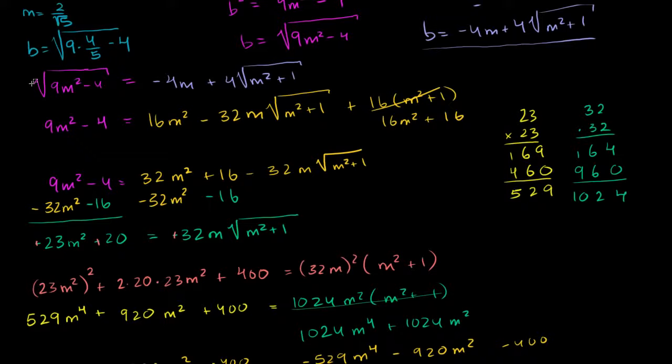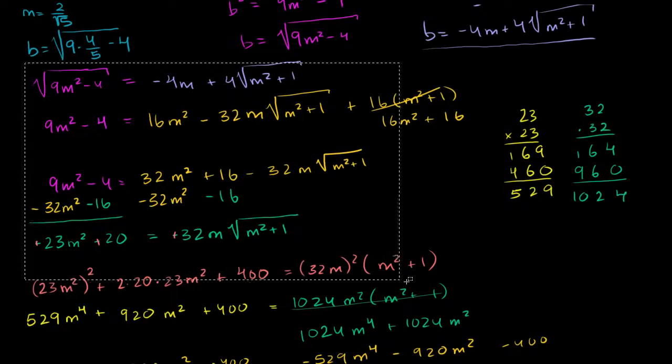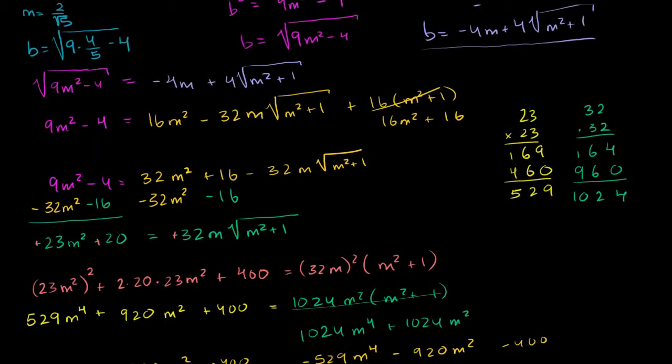And let me just leave all of this business there. Maybe it'll be useful in some way if I made a careless mistake. Hopefully I haven't. So this is going to be equal to 9 times 4 is 36. So it's equal to the square root of 36 over 5 minus 20 over 5.